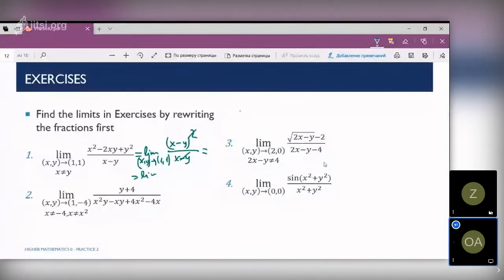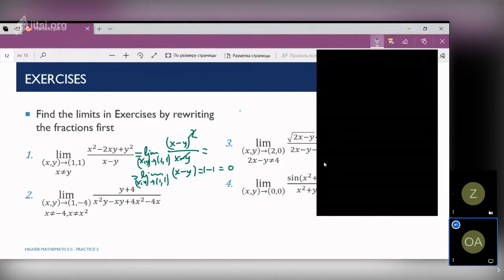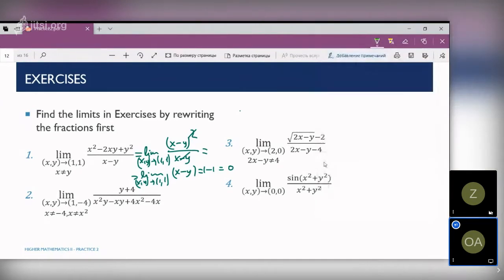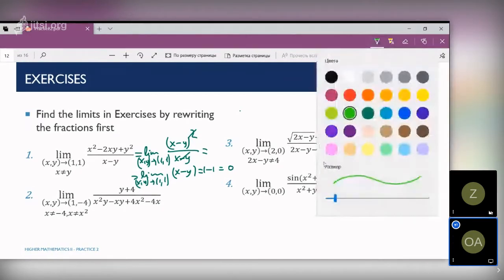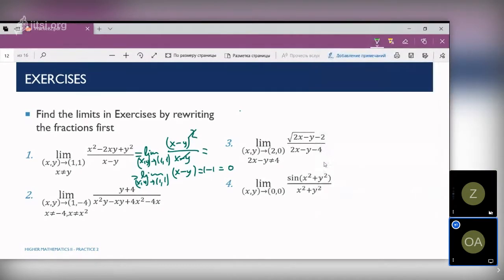Again, limit as x, y tends to 1 and 1, x minus 1. This gives us 1 minus 1, which is 0. The answer is 0.